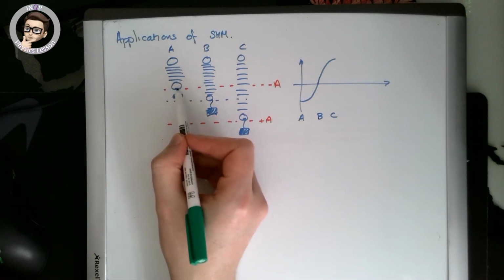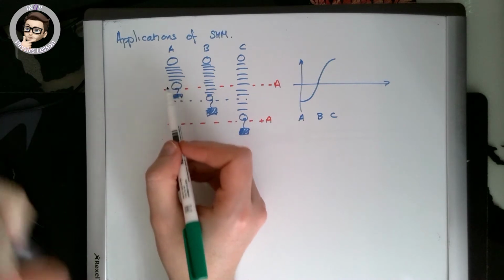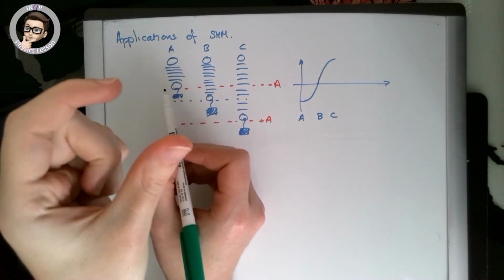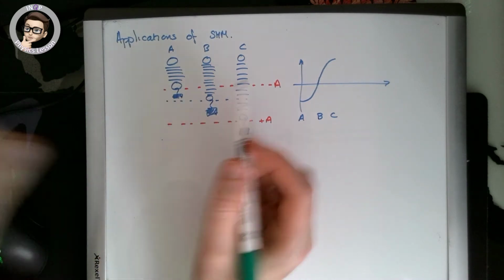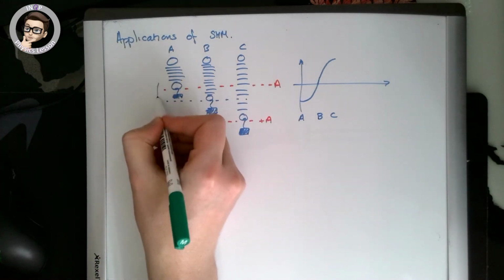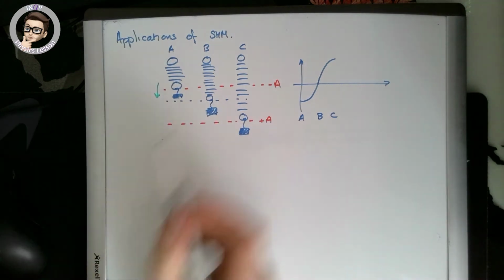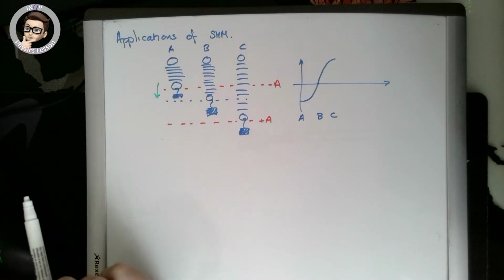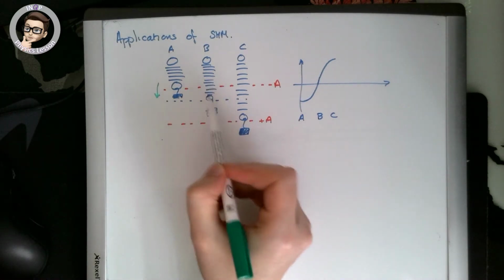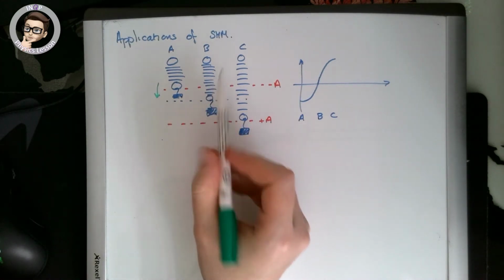Now, initially, when I've compressed my spring, it doesn't want to remain compressed. It's going to want to stretch outwards. It's going to want to get back to its natural length. So there is a restoring force acting in that direction to push the spring back to that 0 length. Well, when I'm at the 0 length, the spring is at the correct position.